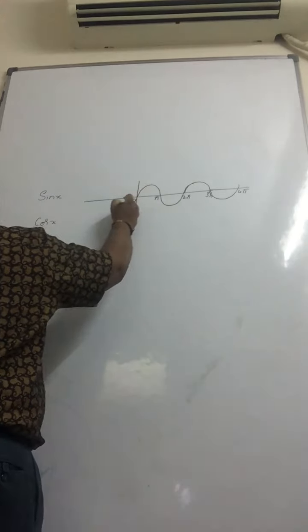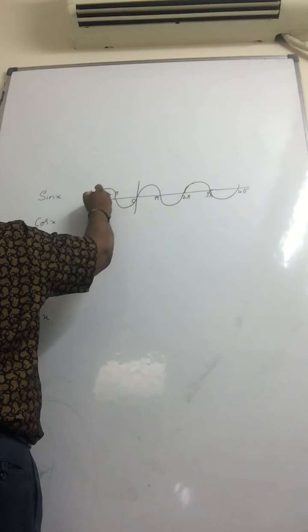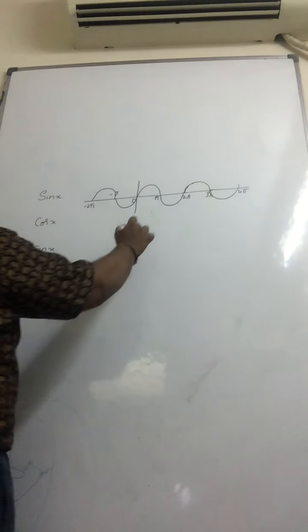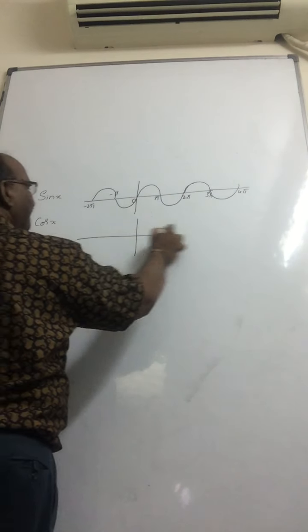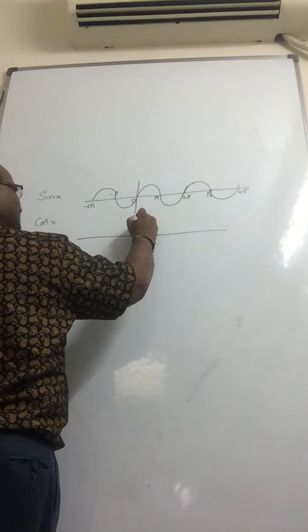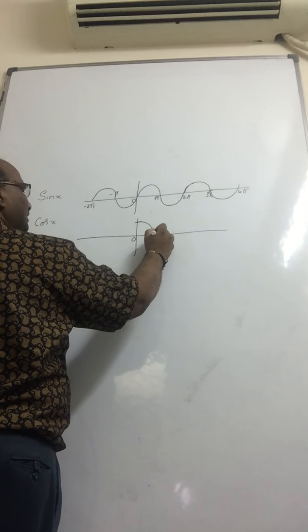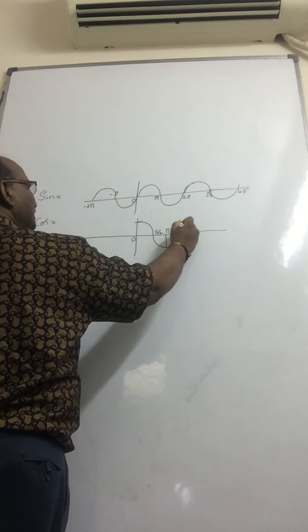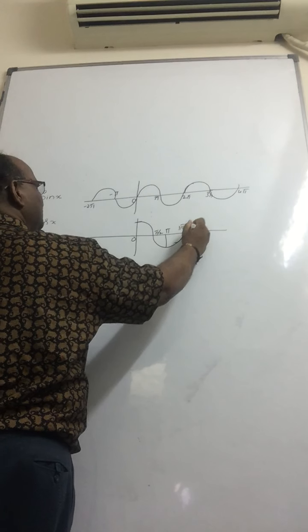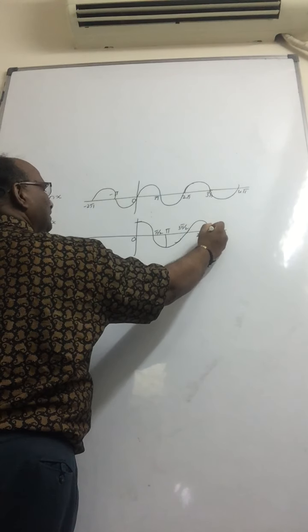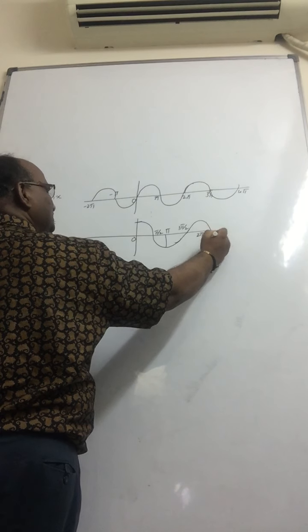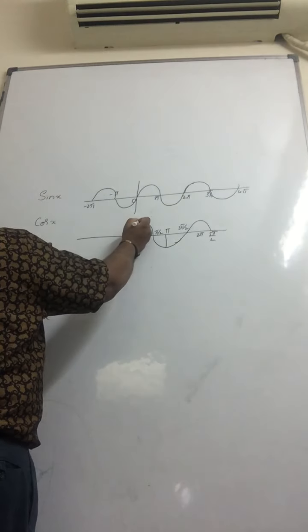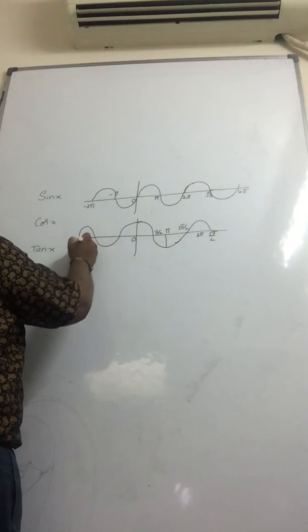Even for the negative side it is the same. Graph of cos X: cos 0 is 1, 90, pi, 3 pi by 2, 2 pi, with pi by 2 difference, right? Even this side is the same.